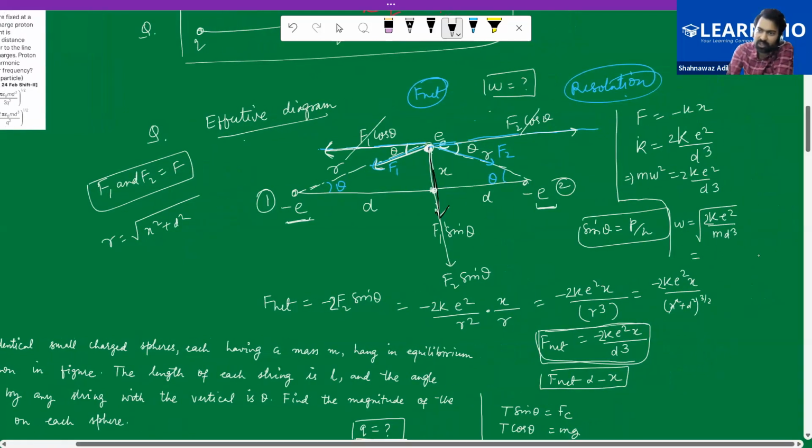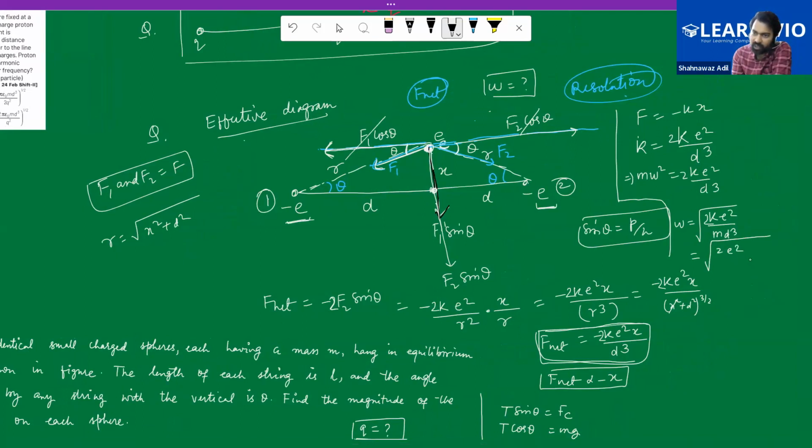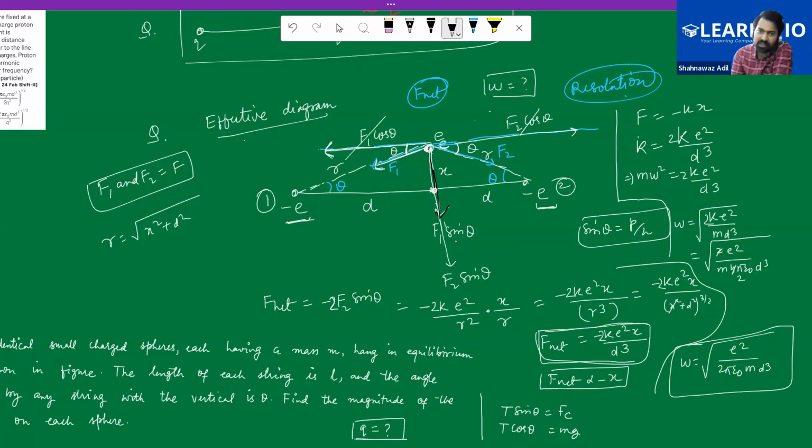Let me write it here, I don't have that much space. So this is 2 e square divided by m 4 pi epsilon naught d cube. This 2 and this 2 cancel, and the answer that we get is e square divided by 2 pi epsilon naught m d cube. And why did we get this 2?